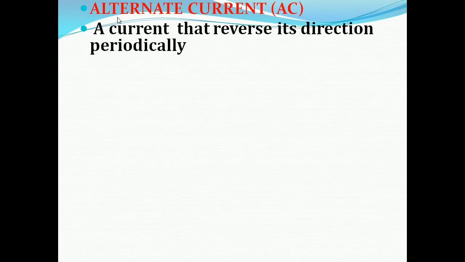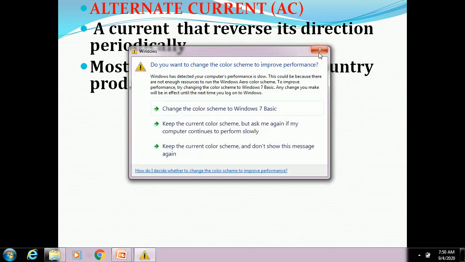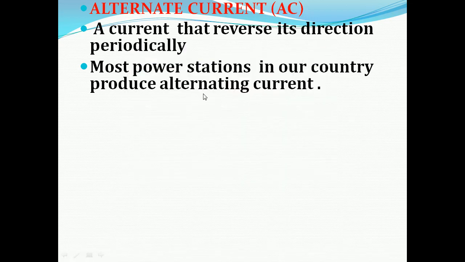Now what is meant by alternate current? A current that reverses its direction periodically. So direct current flows in only one direction, but alternate current will reverse its direction periodically at a particular time. Most power stations in our country are producing alternating current.